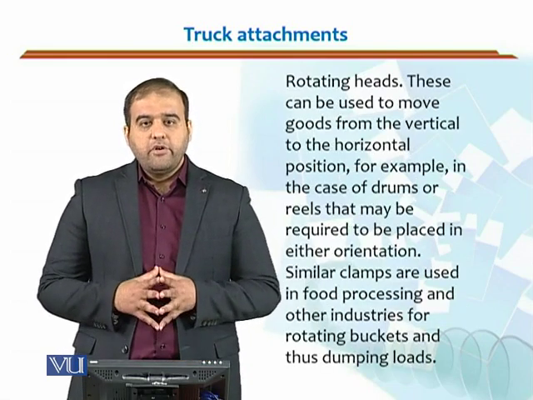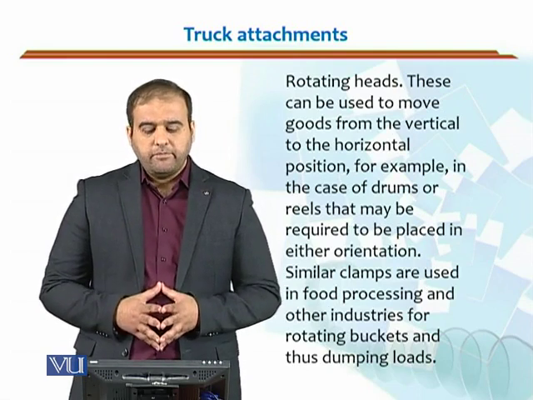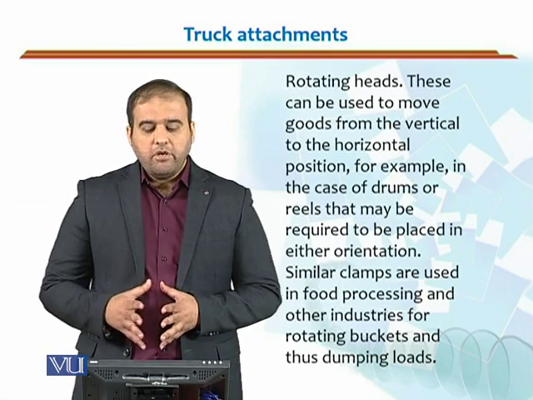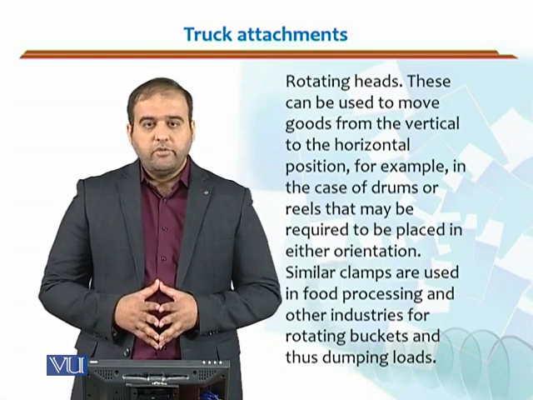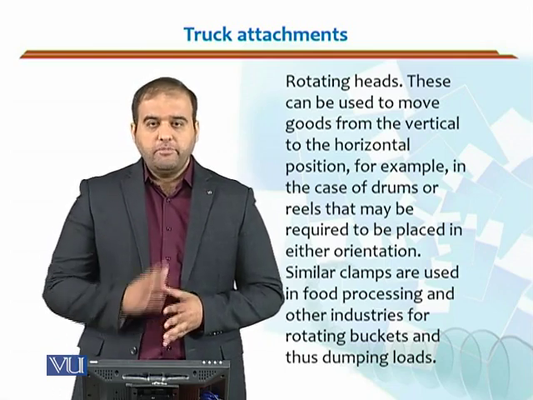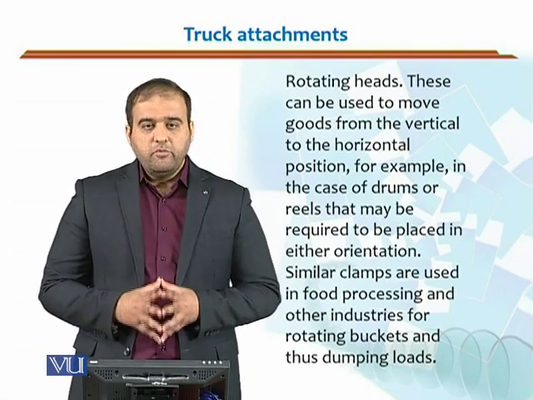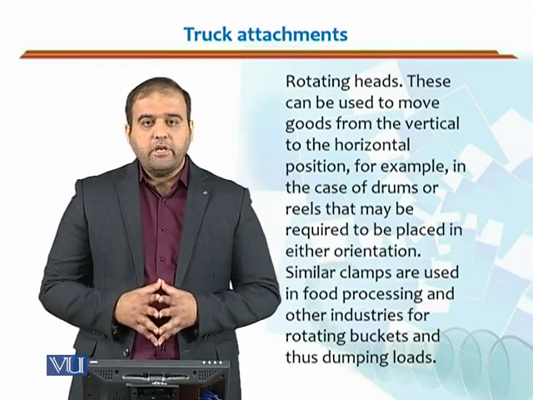Then we have rotating heads. These can be used to move goods from a vertical to the horizontal position. So from vertical to horizontal positions, if the goods are to be moved, then rotating heads are used.